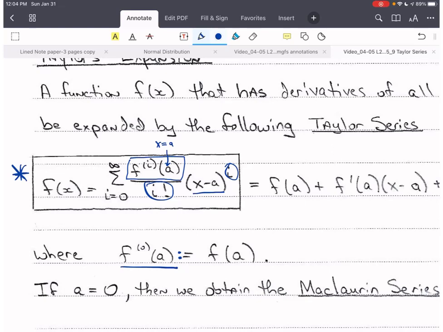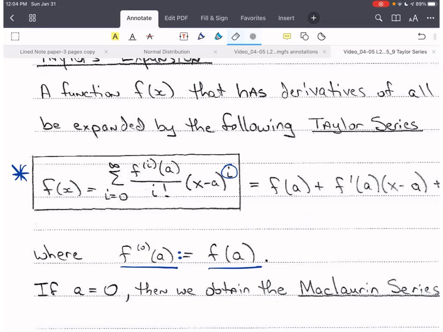So if we start with i equals 0, let's see how this looks. That means we have the 0th derivative, which is just f of a, divided by 0 factorial, which is 1, and then we have x minus a to the 0, which is equal to 1. Any number except 0 raised to the 0th power is 1.